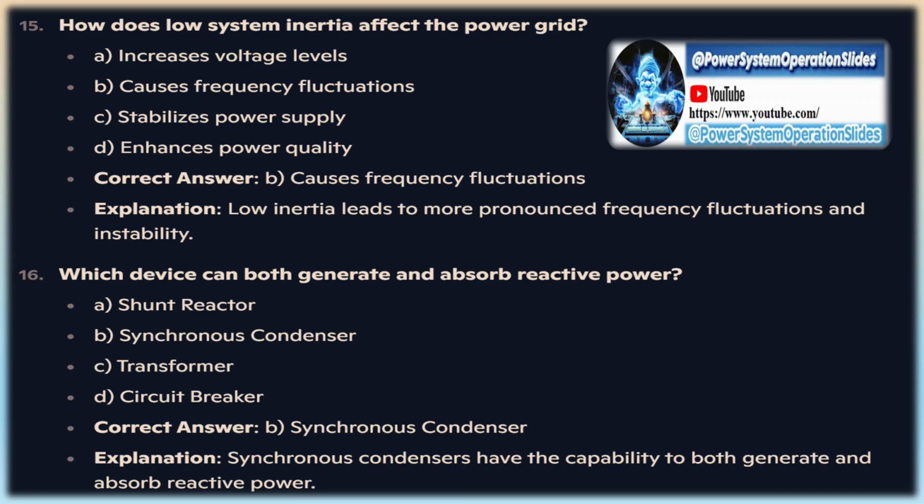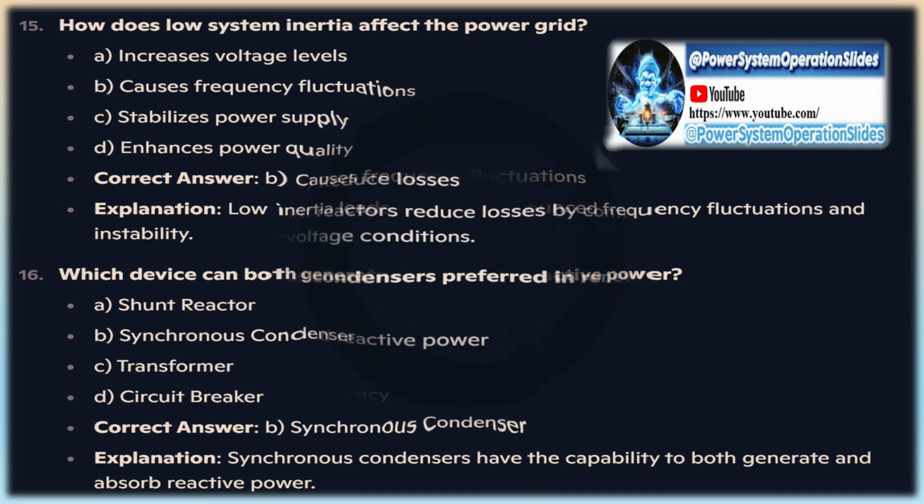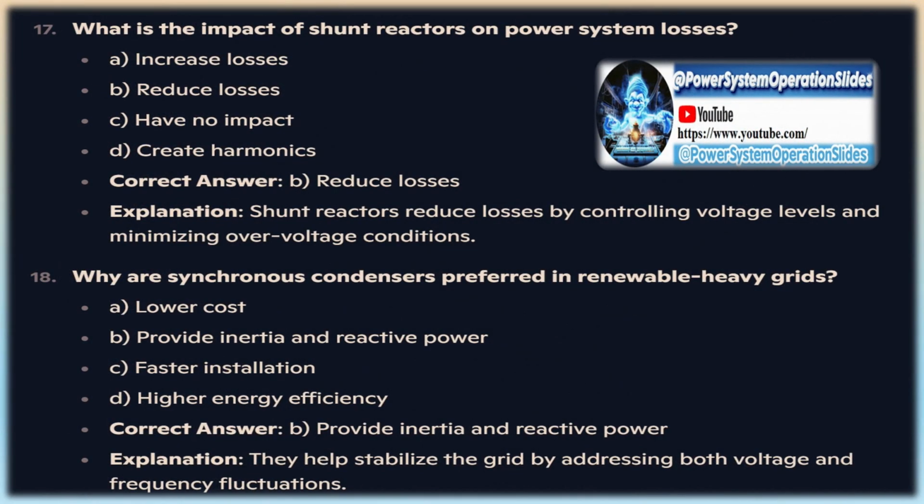Shunt reactors are inductive devices primarily used to absorb reactive power from the grid. Their main role is to control voltage levels, especially in long transmission lines where overvoltage can be an issue. They help reduce overvoltage conditions by absorbing excess reactive power, which is particularly beneficial in lightly loaded transmission lines.